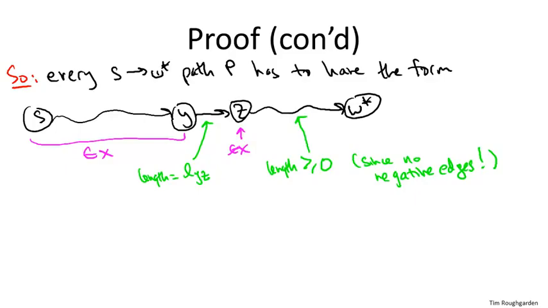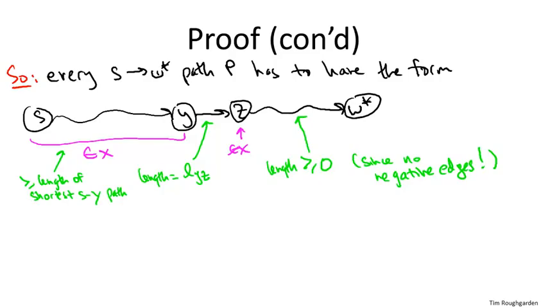So how do we get a lower bound on the length of this path? Well, let's begin with something trivial. This is some path from S to Y. So certainly it's at least as long as a shortest path from S to Y. And now we're going to use the inductive hypothesis again. So this vertex Y, this is something we treated in a previous iteration, right? This belongs to the set capital X. We've already processed it. We've already computed our estimate of its shortest path length.